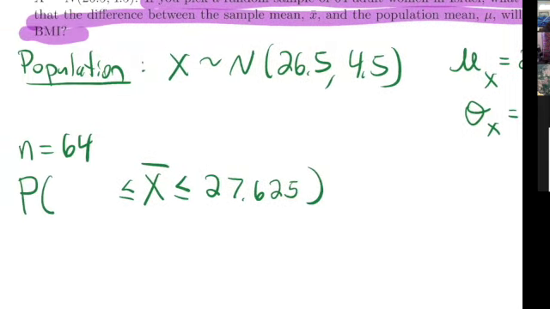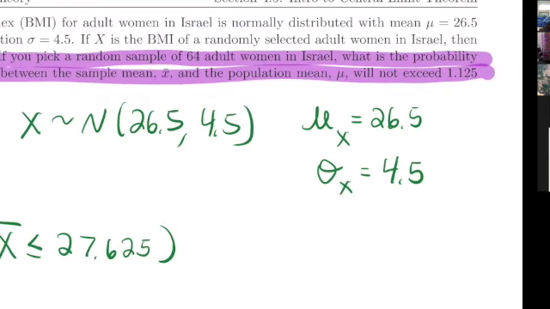So I'm going to go where that 27.625 came from, that was 1.125 above the population mean. And I am going to need to use my calculator to subtract.